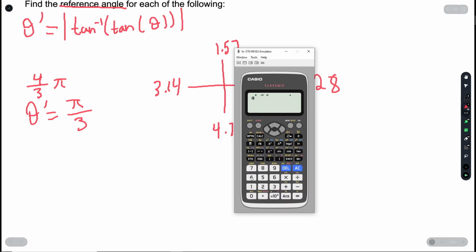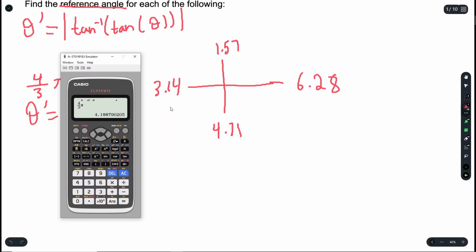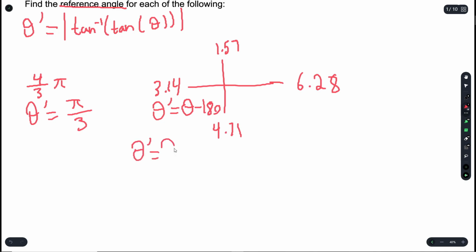Then we get the value of our angle here. It's 4 over 3 pi, which is 4.18. 4.18 is between 3.14 and 4.71. So we use the formula for this quadrant here. So the formula for this quadrant here is the reference angle is equal to the angle minus 180, or in the case of radian, it's reference angle equal to the angle minus pi.